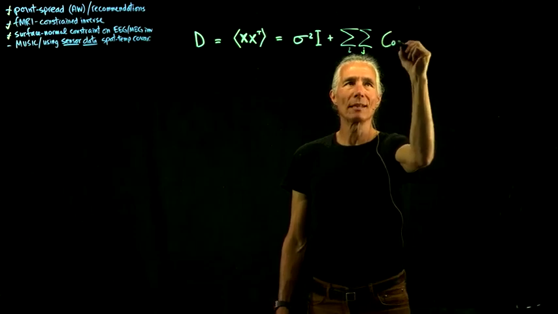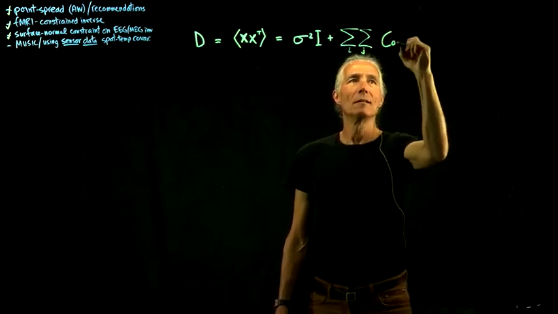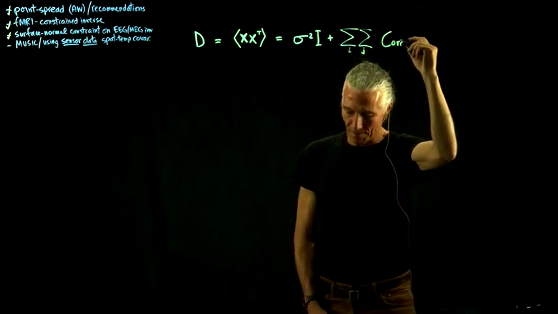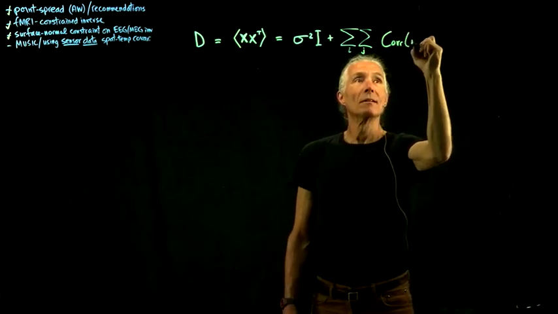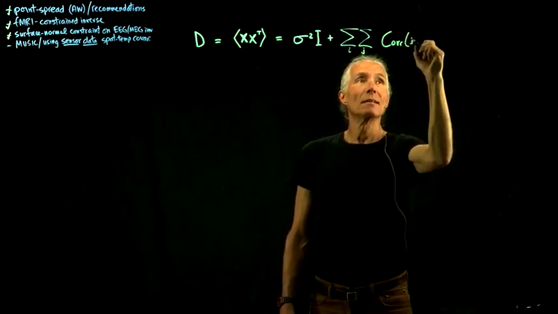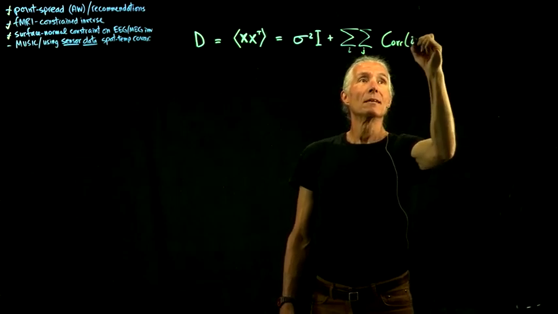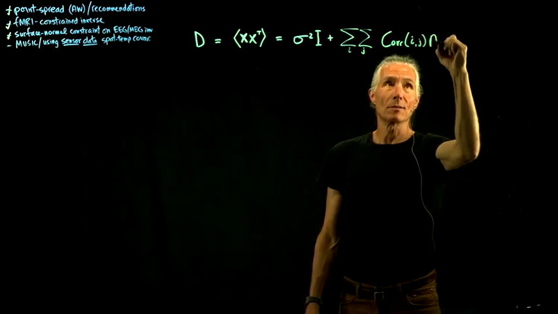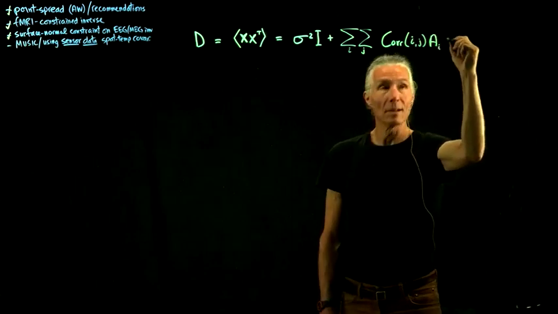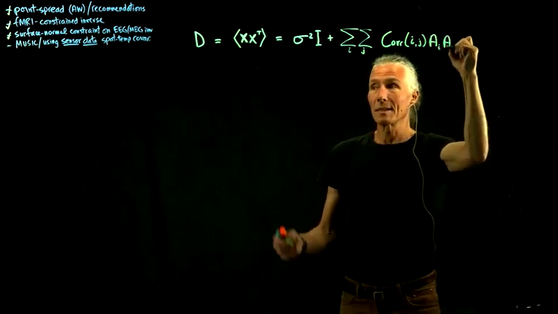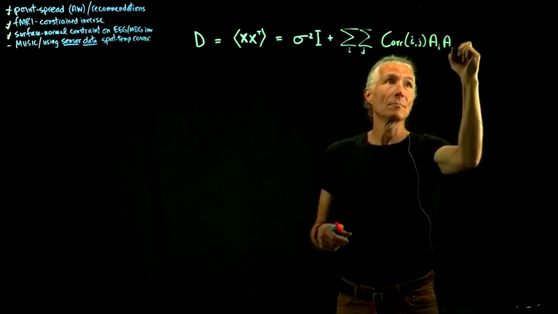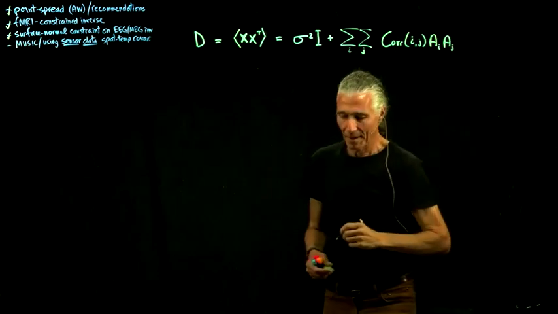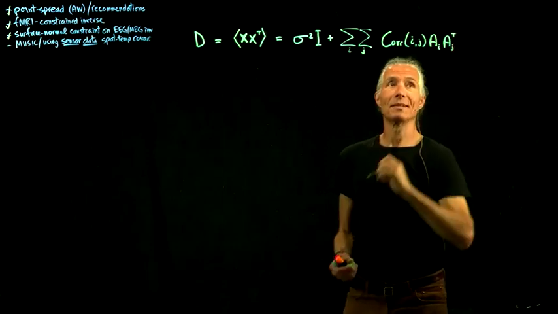And what are we looking at? We're looking at the correlation between I and J, and then multiplied, going through the forward solution. So we have to go through the forward solution in order to get up into the sensor space instead of the source space. And that guy's transposed.